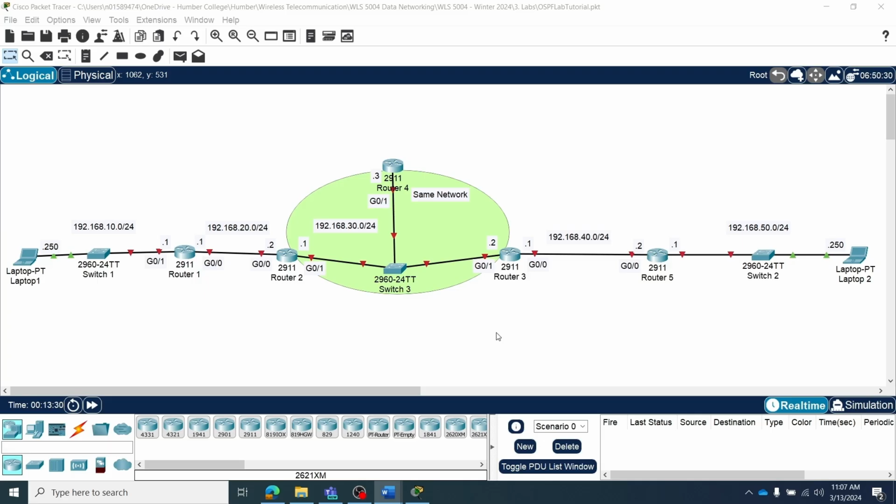Hello everyone. Today we will see how to configure an OSPF network step by step. If you look at this topology, we have 5 routers connected to each other, and we also have 3 switches and 5 different networks.